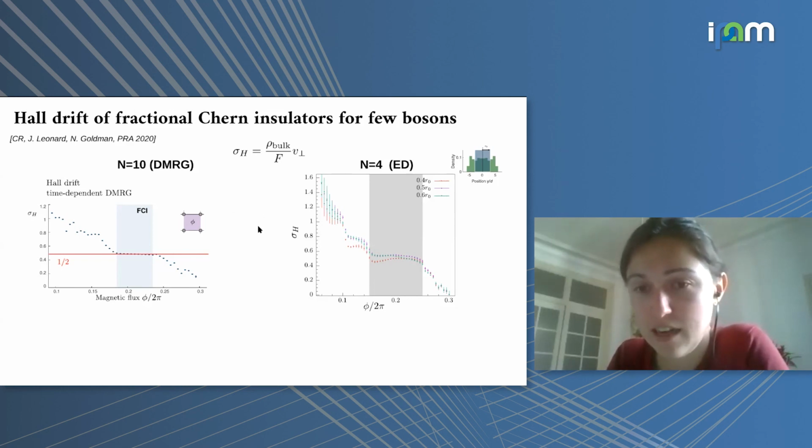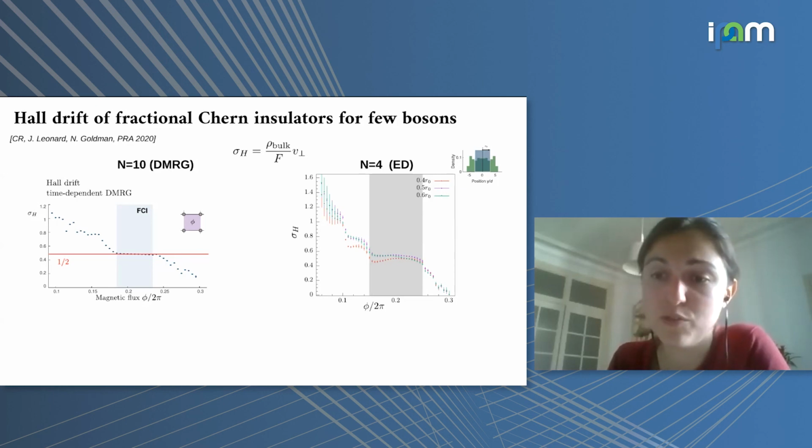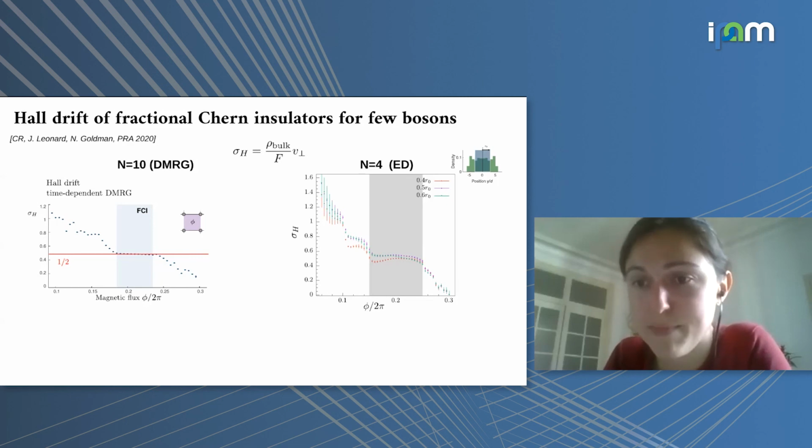So here I have 3 different curves, and those different curves correspond to an evaluation of the density in the bulk according to a different radius. Remember how I estimated the density in the bulk by averaging the density in this small region of radius R0.